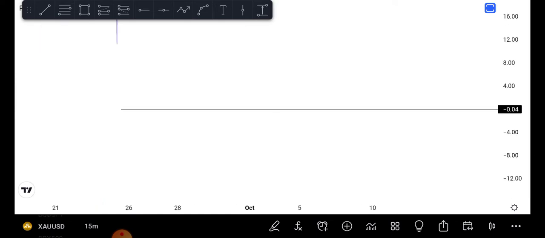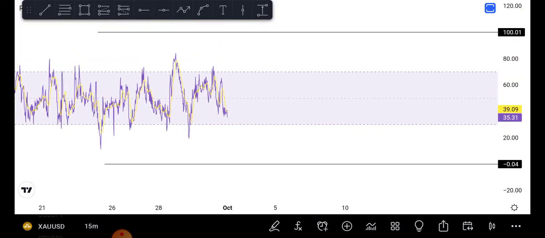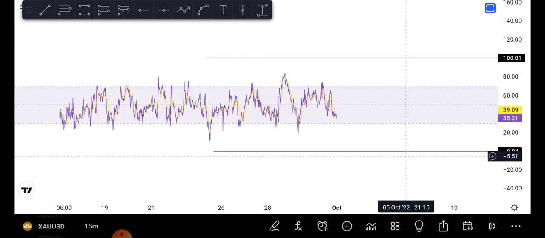Let's leave it approximately like that. But know that the RSI is plotted on a scale from 0 to 100.